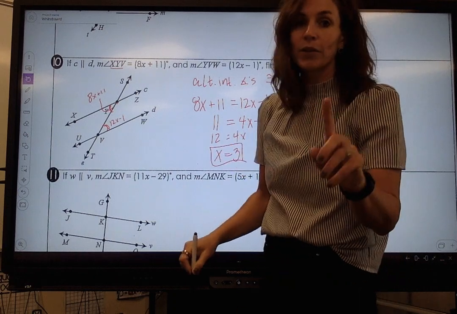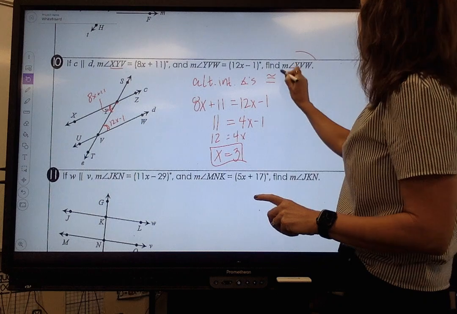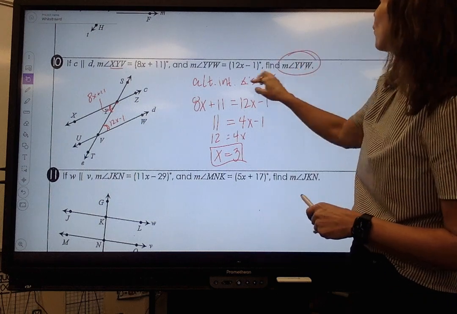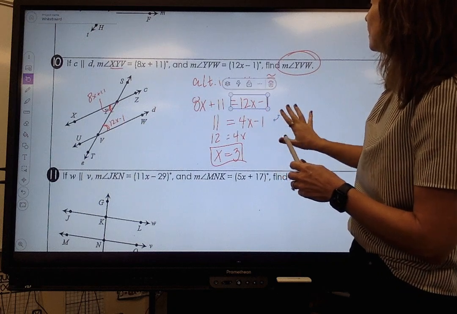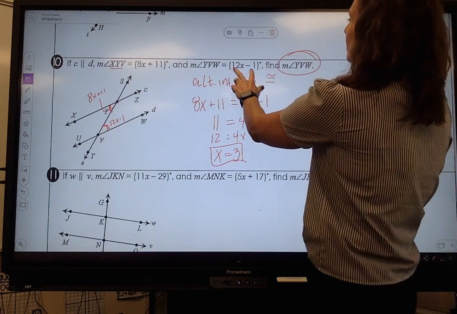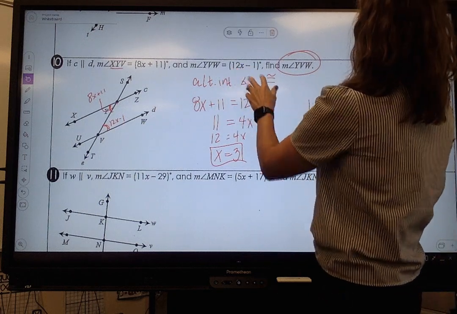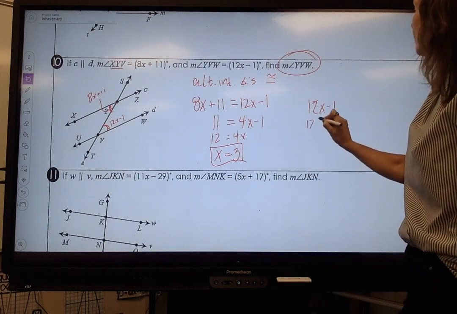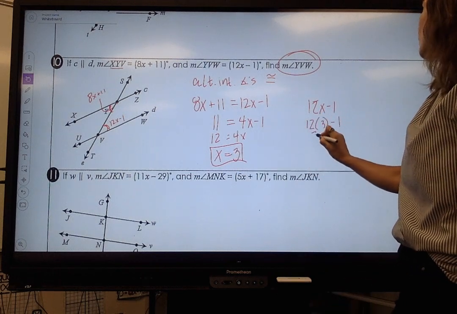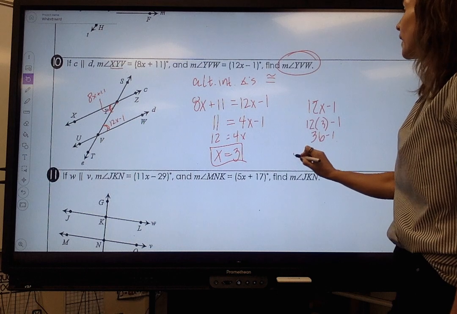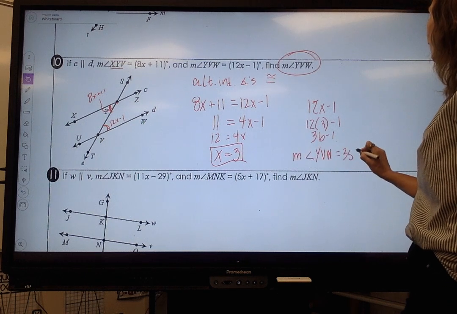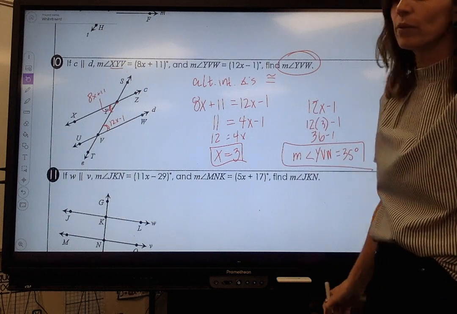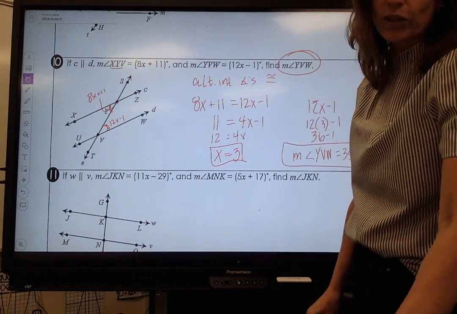But that is not what the question's asking. The question is asking, find the measure of YVW. So I'm going to take this measurement, 12x minus 1, and plug in 3 for x. So I get 36 minus 1, and the measure of angle YVW is 35 degrees. So make sure you're answering what the question's asking.